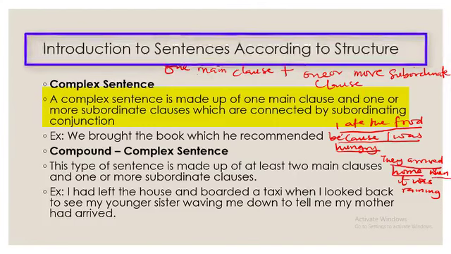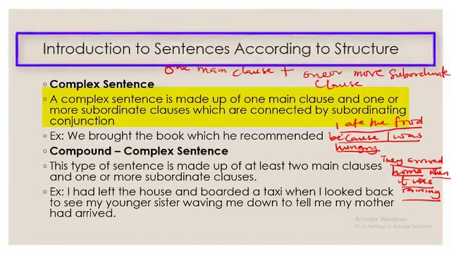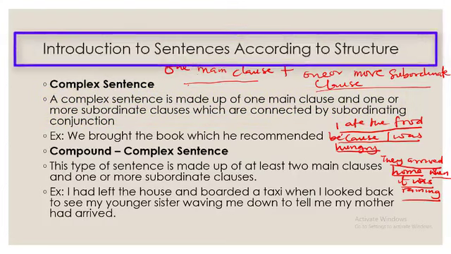When it was raining, does it make sense to you? No. So that's what a complex sentence is. It's a combination of one main clause or independent clause and one or more subordinate clauses. Then we have also what they call the compound complex sentence.